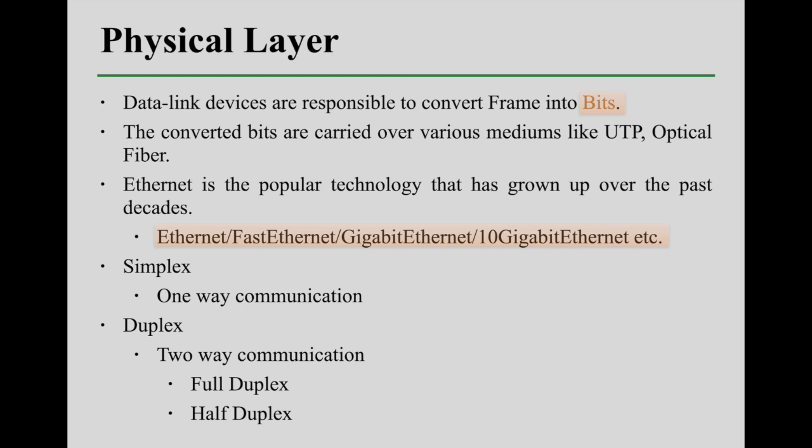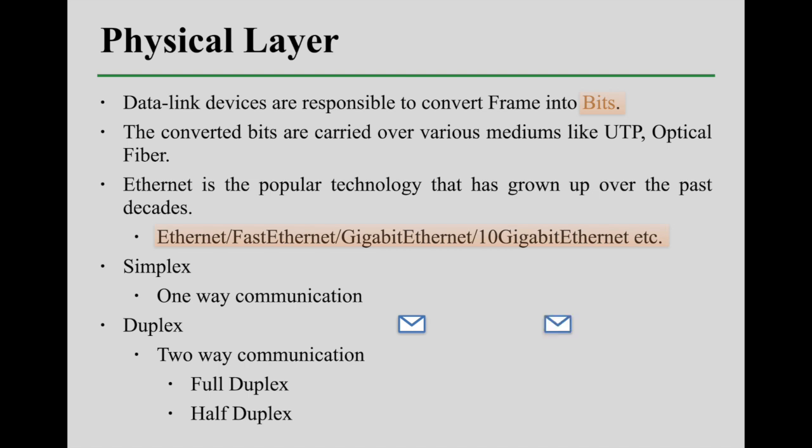Now, let's understand communication types, simplex and duplex. As we can see here, simplex is one-way communication where the receiver can receive data but is not able to reply back to the source. For example, watching TV or listening to FM radio. In duplex, there is two-way communication.